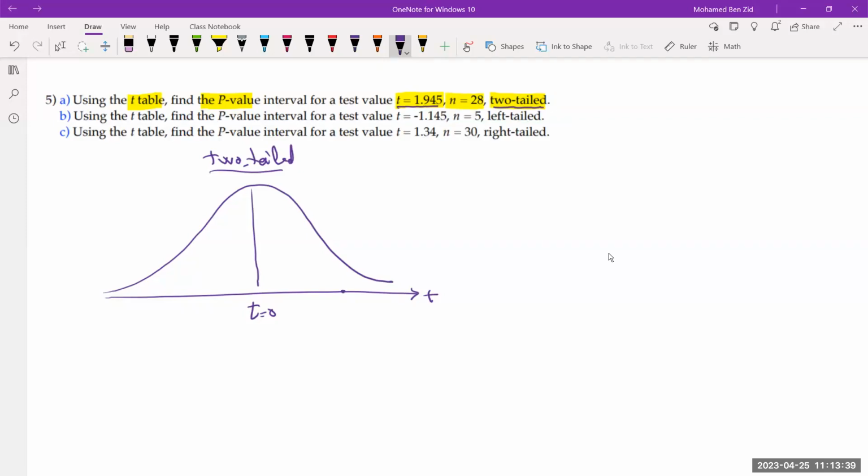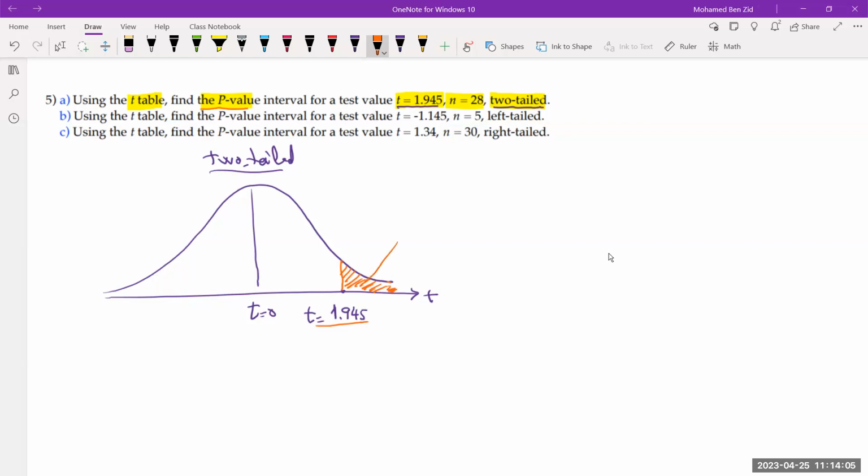So let's say this is 1.945, which is the t-value, right? So what we call the p-value here, the p-value is the cutoff right here. So the tail that at 1.945, you're going to form on the tail, right?